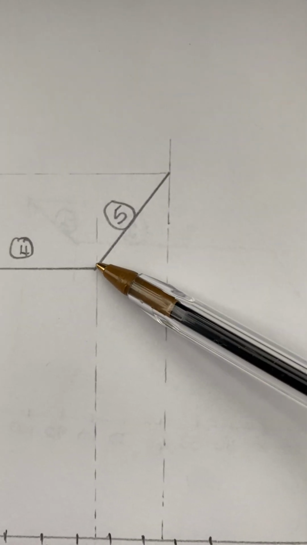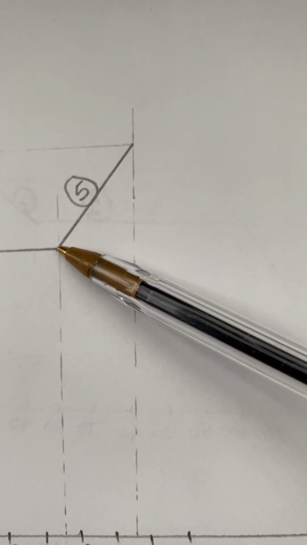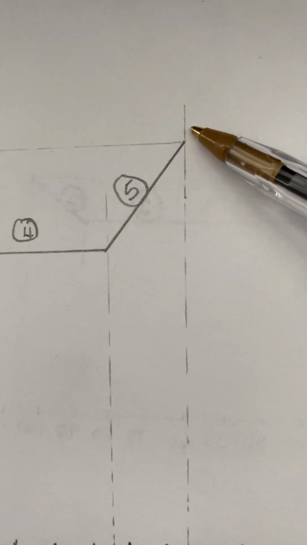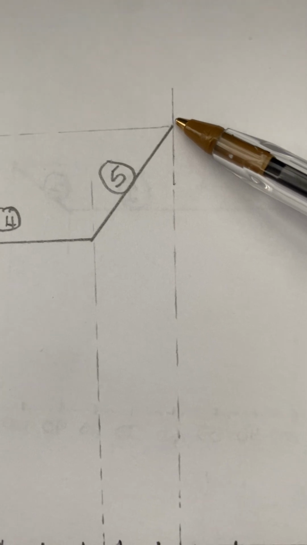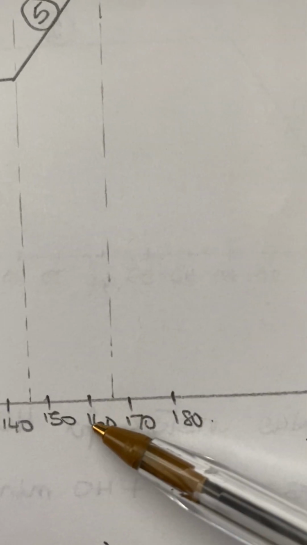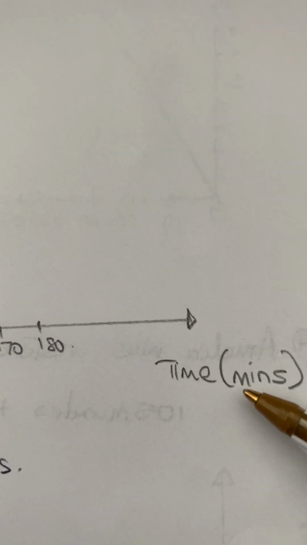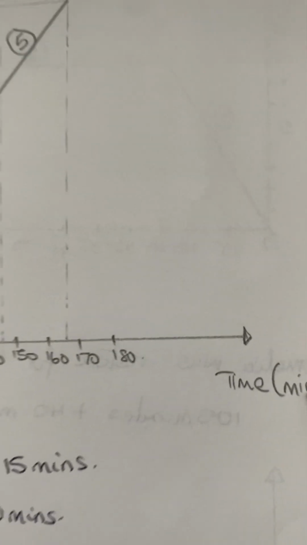So from the grocery shop, we travel for 20 minutes, which will take us to 165 minutes, which is between 160 and 170 minutes. Our x-axis time is in minutes.